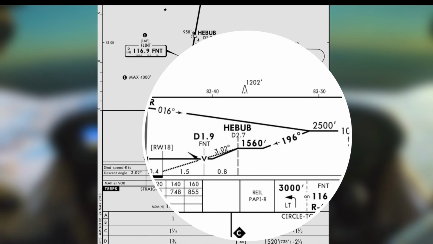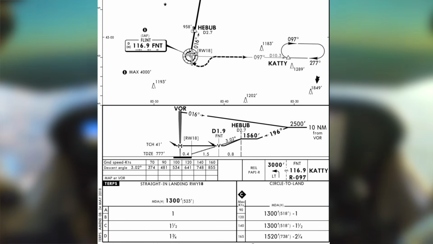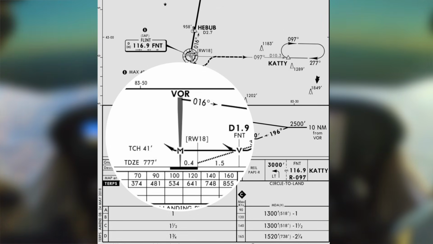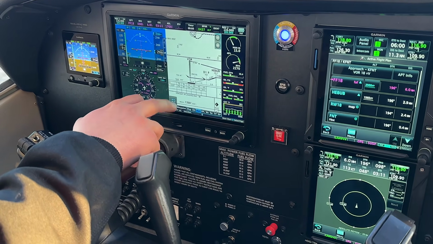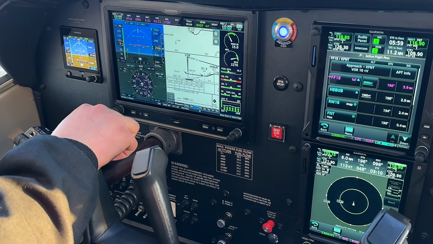So that means that we're going to be starting at 2,500, and then we're going to cross Hebub at 1560, and then we'll descend to 1,300, and we'll remain there until we hit our missed approach point, which is the VOR, and that's depicted by the M on this JEB chart. After crossing this point, this is going to be the point in which we hit the go-around button, and we add power and climb out.